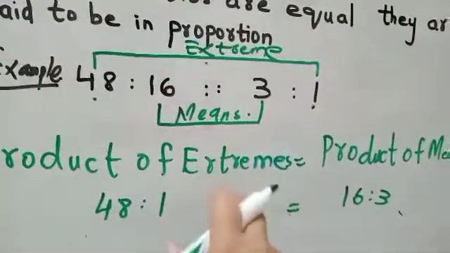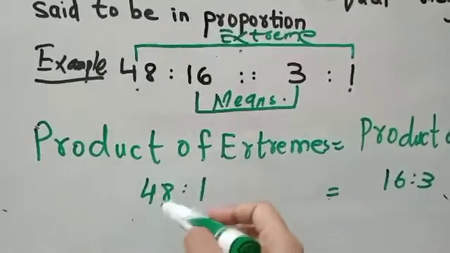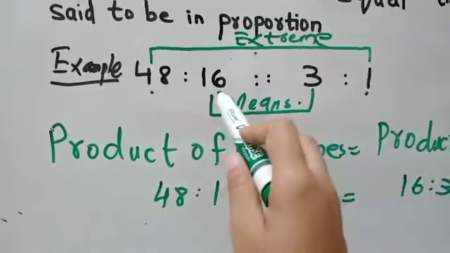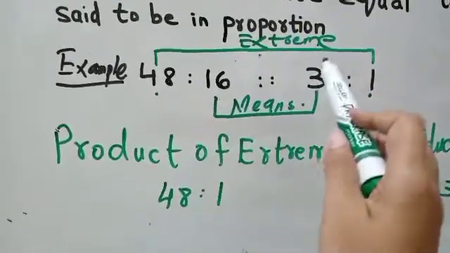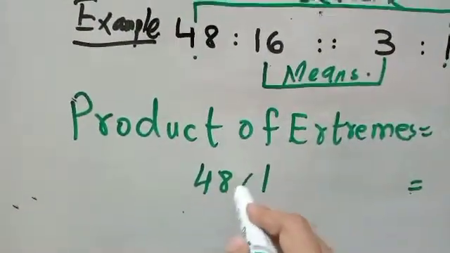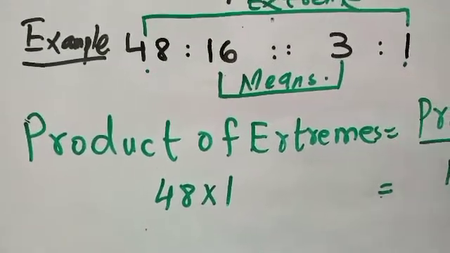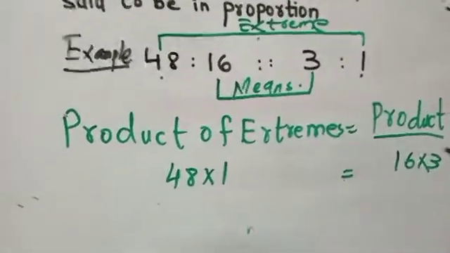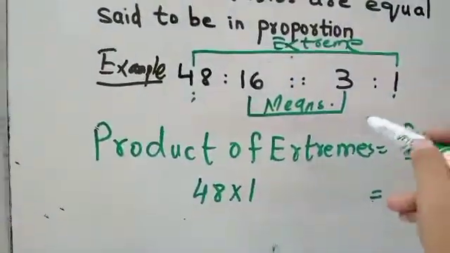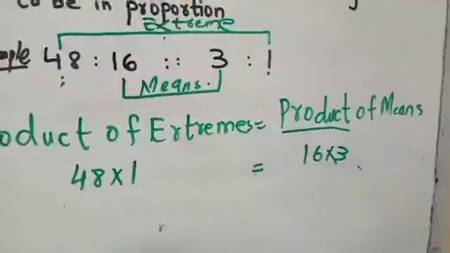The formula is product of extremes is equal to product of means. 48 and 1 is the product of extremes, and 16 and 3 is the product of means. We do not write product, we actually write multiply, because product is multiplication. So product of extremes, 48 multiplied by 1, is equal to 16 multiplied by 3.